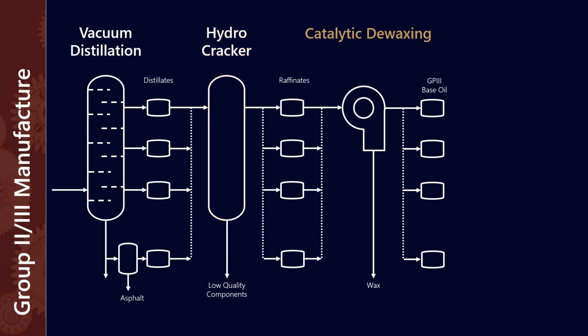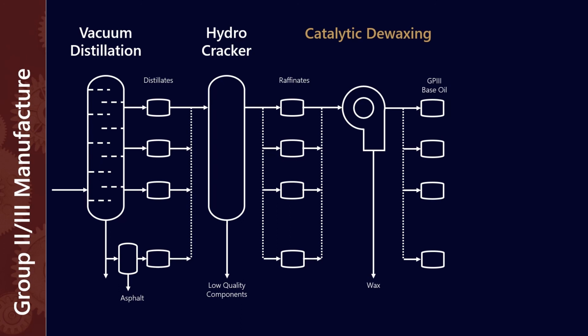Catalytic dewaxing is also very different to standard solvent dewaxing because the raffinates still contain some waxy molecules. So a dewaxing catalyst is here used with high pressure hydrogen, and it actually converts waxy components from straight chain paraffins into branched isoparaffins.